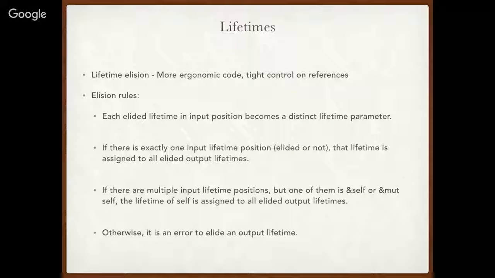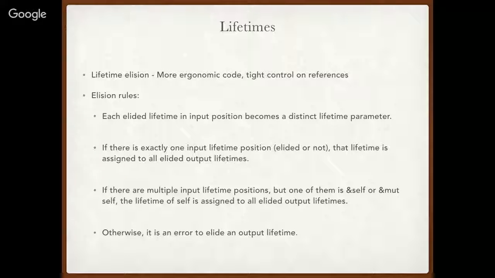So a lot of times, you're going to say, okay, I have to write that for all the functions I write. No, there's something called lifetime elision, which pretty much allows you still to keep track of lifetimes, but the compiler will mostly do it for you. So there are a number of rules, which pretty much say each input has a distinct lifetime parameter.